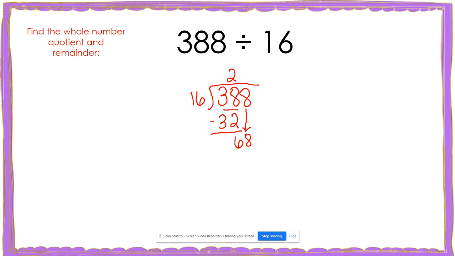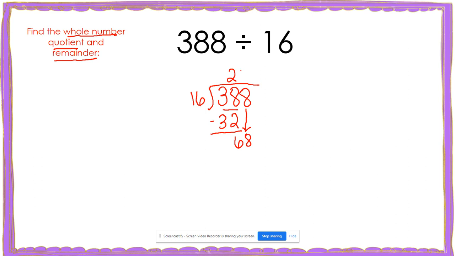And now I need to find out what is 68 divided by 16. Well, I know that 16 will not go evenly into 68, but if I look at my directions, it says find the whole number quotient and the remainder, which means we don't expect this number to go in fully.